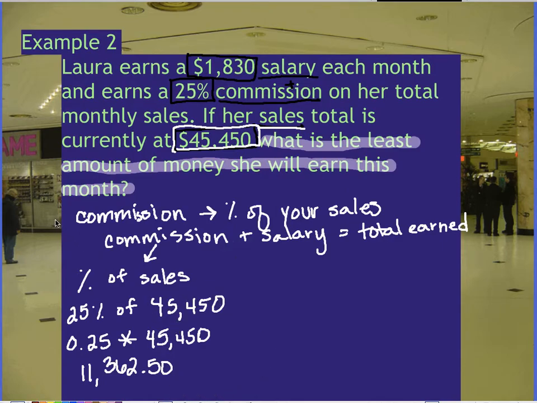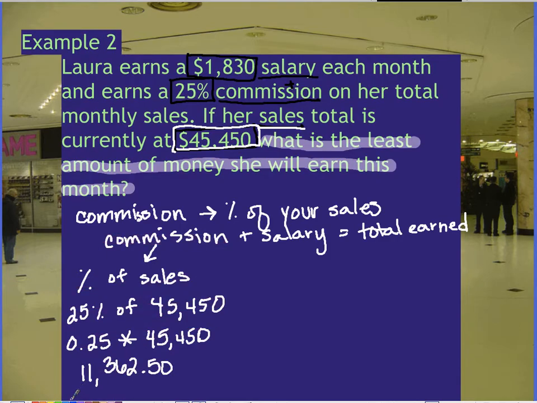Actually, I would like to try to find a way to just change that one color, but maybe I'll just do this. Commission is everything in pink. Okay, and then my salary, actually, you can just change the color of the word salary.